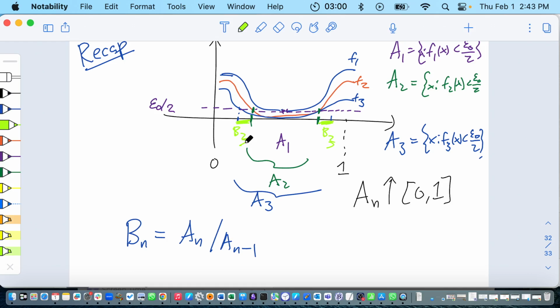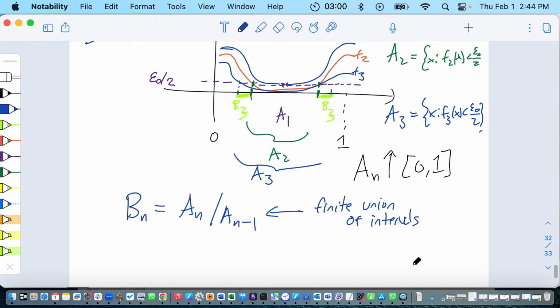And because the A_n's were a finite union of intervals, B_n is also a finite union of intervals, just like the A_n's. And because the A_n's are expanding to cover all of [0,1] as n goes to infinity, the B_n's, their union covers all of [0,1].